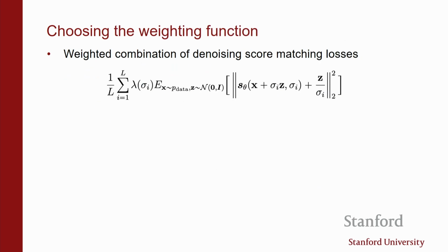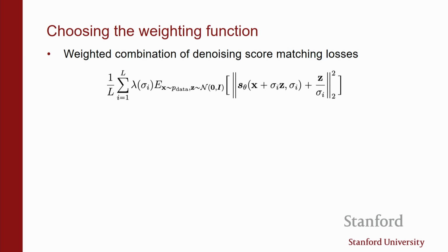The other thing we can decide is the weighting factor. Remember, we're jointly solving all these estimation problems corresponding to different noise levels. How much should we care about the different noise levels, which is controlled by this lambda sigma i hyperparameter that decides how much weight you put on the different components of the loss.